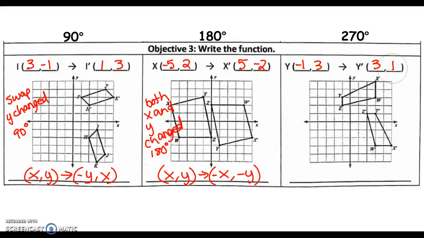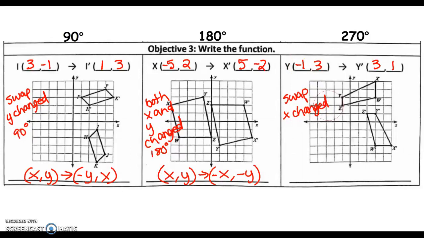So again, the first thing I ask myself, did the numbers swap places? Yes, they did, because 1 started out first, and over here, 1 is last, so they did swap. Next, I asked myself, did anyone's sign change? Negative 1 becomes positive 1, and the negative 1 is an x value, so we see that the x changed.